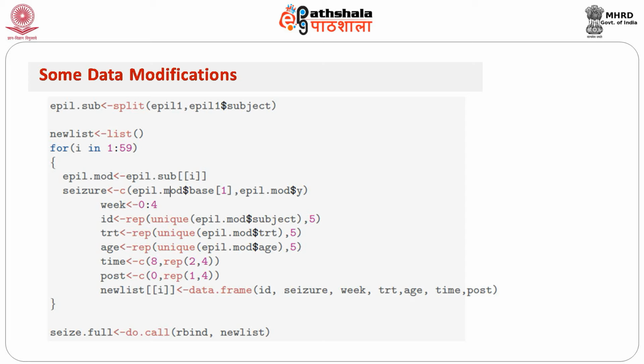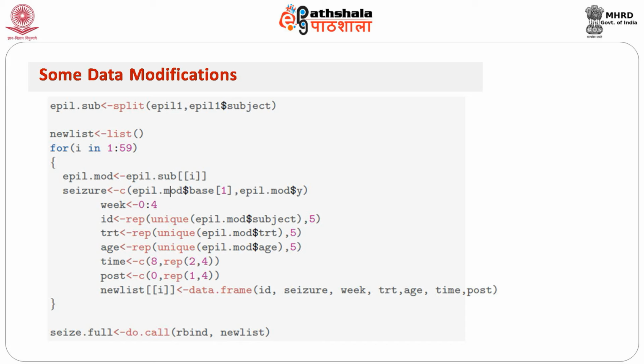Then we have ID, we have treatment either Progabide or placebo, we have the age, we have time. So, time is basically the length of the period. We have a pre-post indicating whether the number of seizures counted was from pre or post experiment, and a new list.